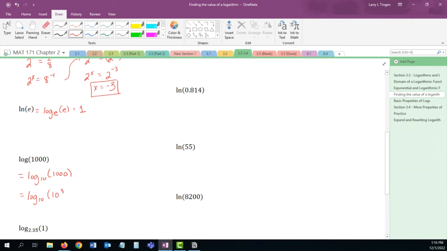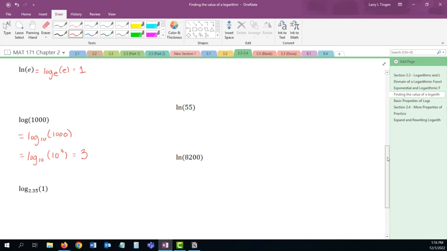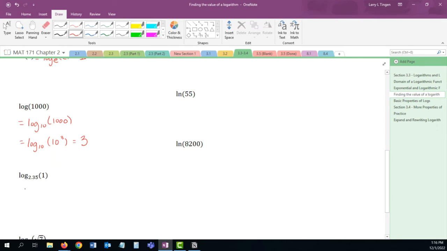So that's log base 10 of 1,000. 1,000 is 10 cubed. And anytime I have the base and the argument with the same base, the answer is the exponent. What power do I raise 10 to get 10 cubed? 3.